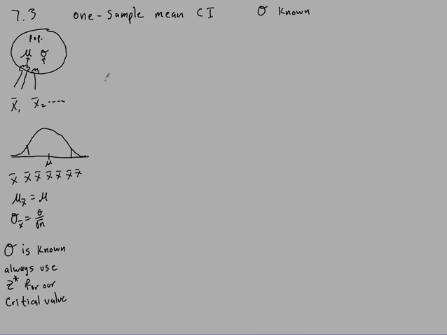So that's what this means. We're trying to capture this mu, sort of like we're trying to capture that p. But now we're trying to capture this mu. So it's the same way as before. If I was at 95%, that'd be 1.96.